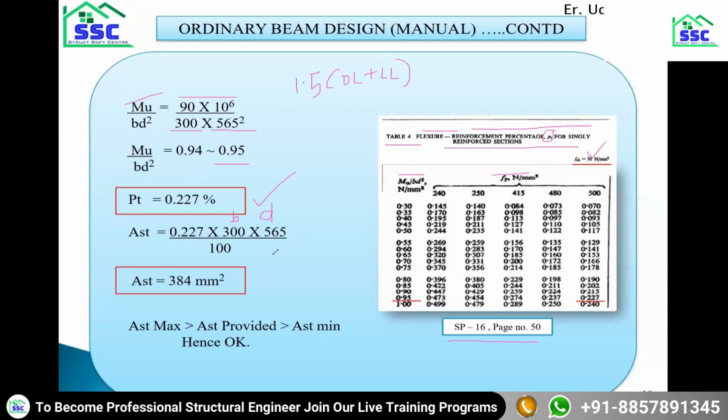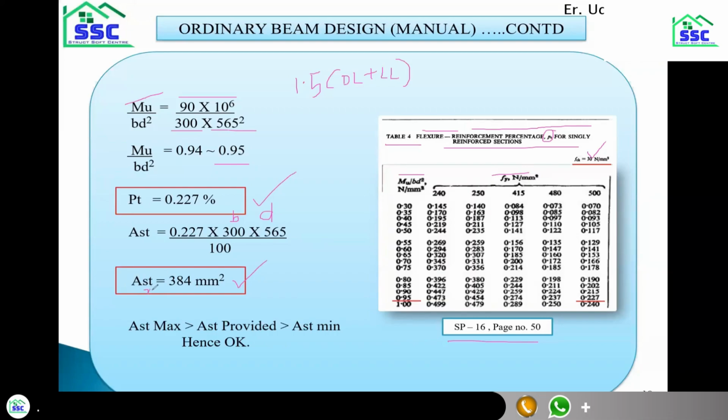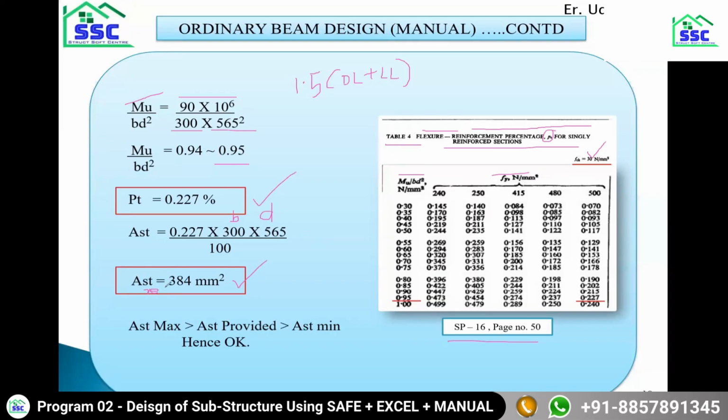If you perform this calculation, we get our area of steel as 384 mm square. This is our AST required. Or you can say that this is the AST that we are going to provide.